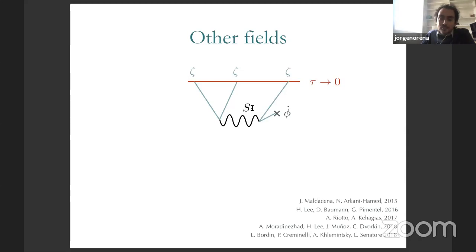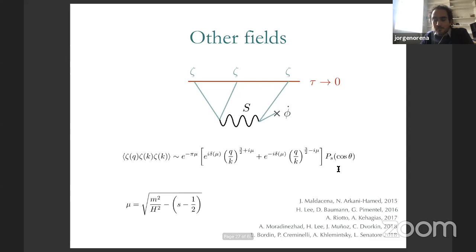These fields can induce a three-point function in this way. So this should be taken as a heuristic diagram. It's only saying that the interaction between two scalar fluctuations and this higher spin field, by higher spin I mean higher than zero, can induce a correlation, where I put one leg on the background, can induce a three-point correlation function.